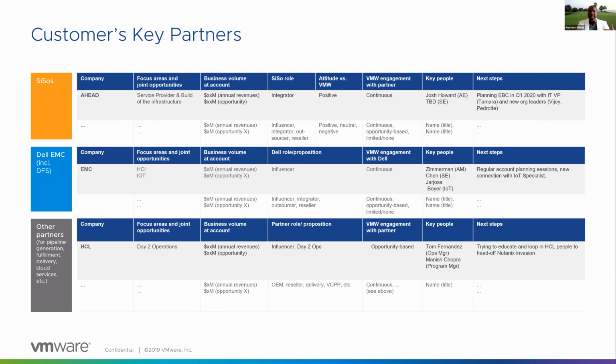Who are some of the strategic systems integrators and outsourcers that they're working with? Do they have a relationship with Dell, our peer company? Who are some of the other partners that have influence there, either from a procurement side or can help us generate pipeline? So, spending an entire 45-minute session just on working with the partners and then determining some action items from there is another useful way to break down a remote CAP session.